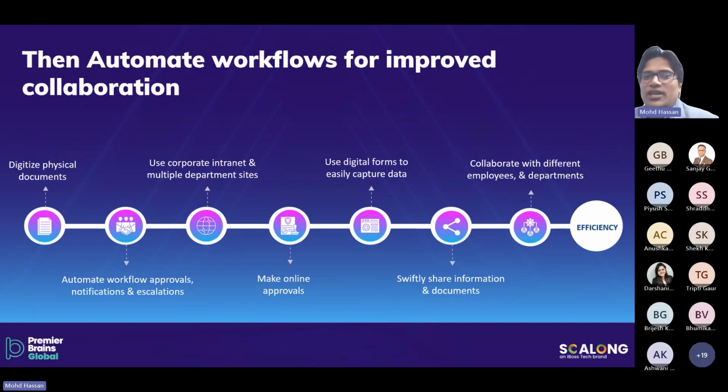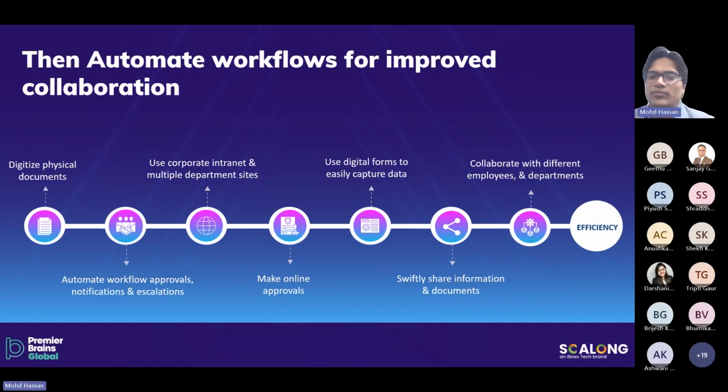So, automating the workflows for improved collaboration, starting with the digitization of physical documents, then automating the workflow approvals, notifications, and escalations. We can use the corporate intranet and multiple department sites, turning physical, manual approvals into online approvals.